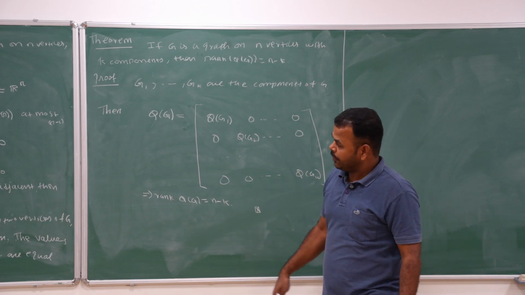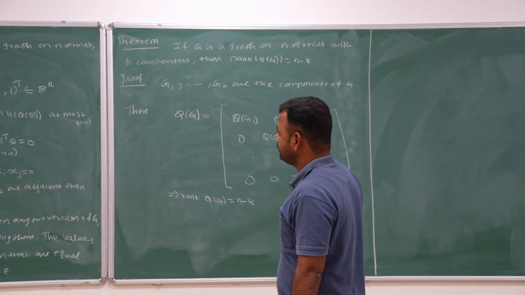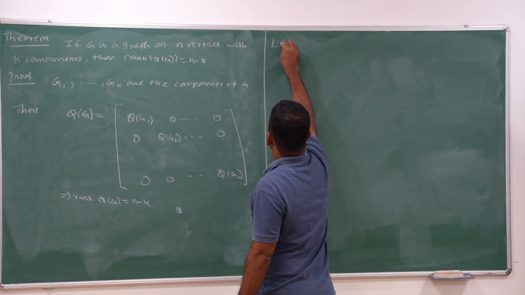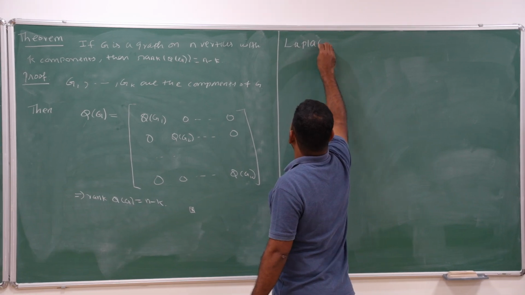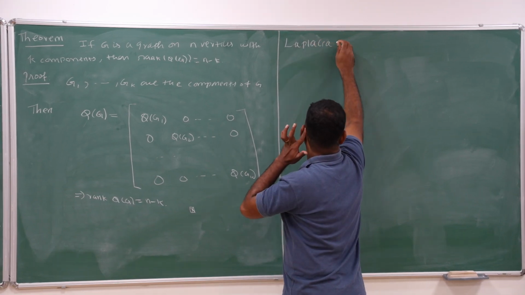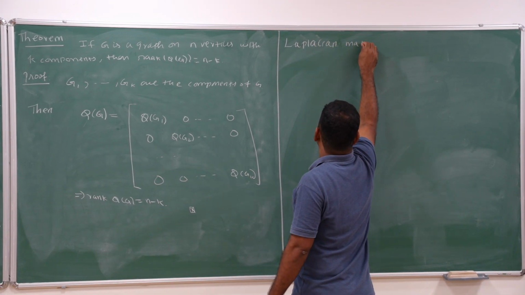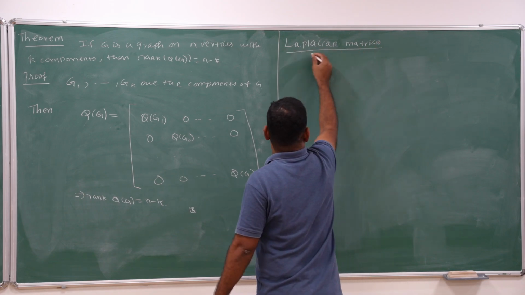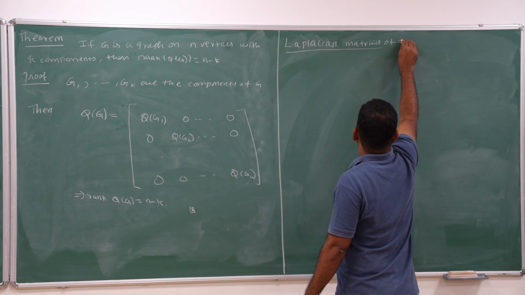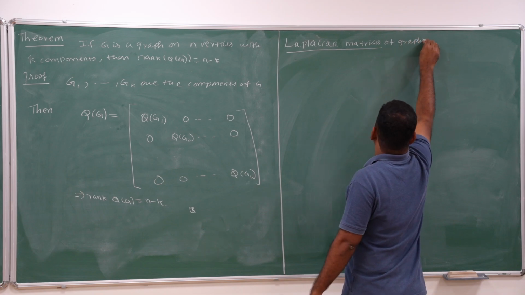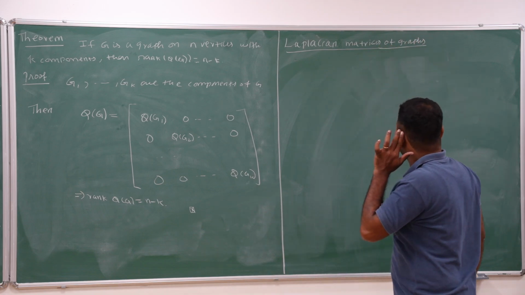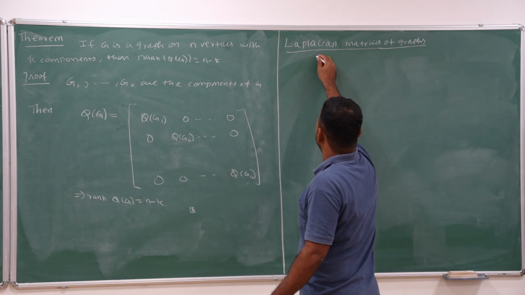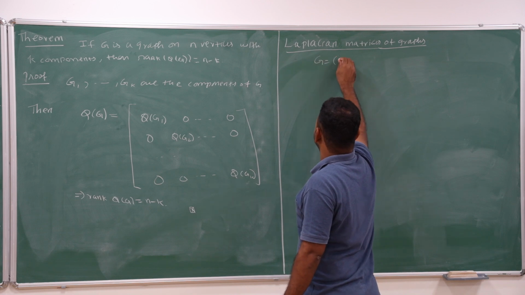So now, maybe with this we will define the notion of Laplacian. Okay, the same setup: G is a simple graph.